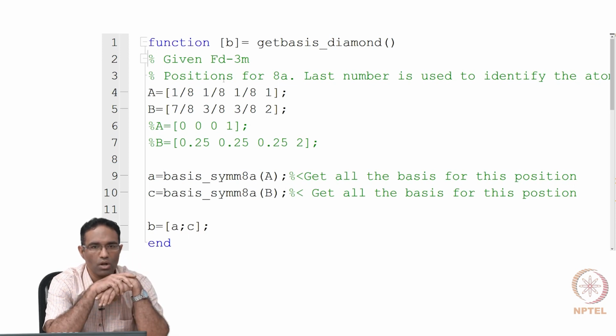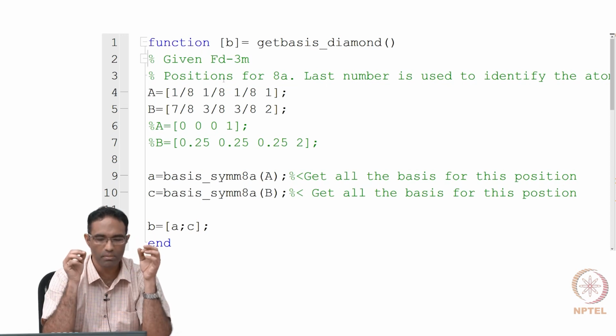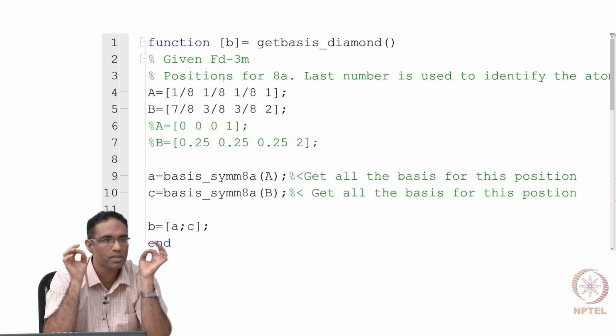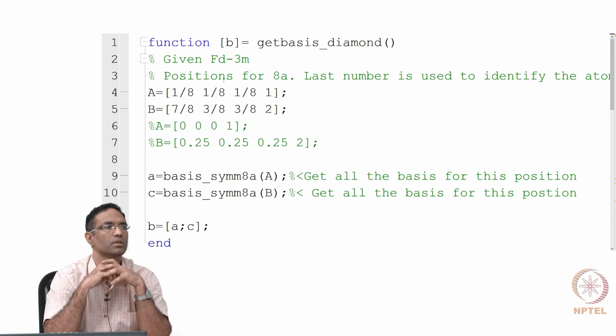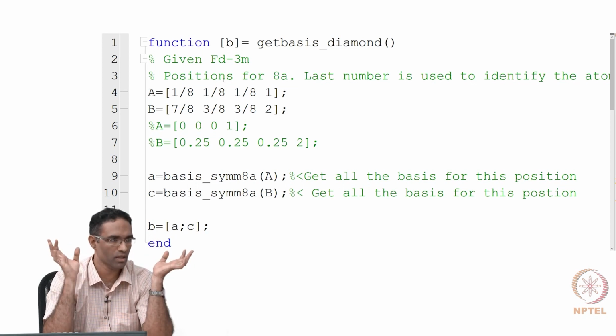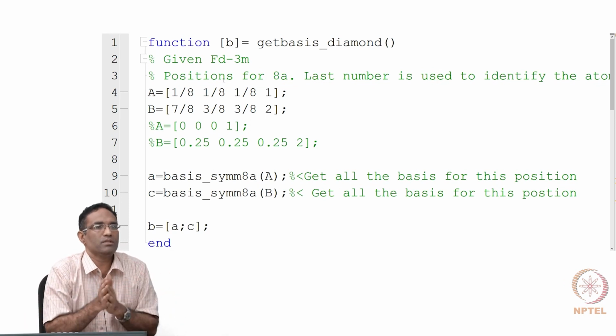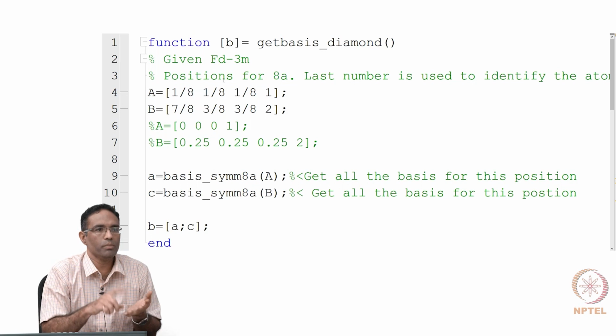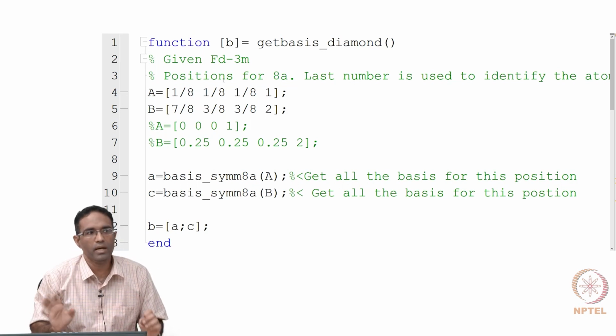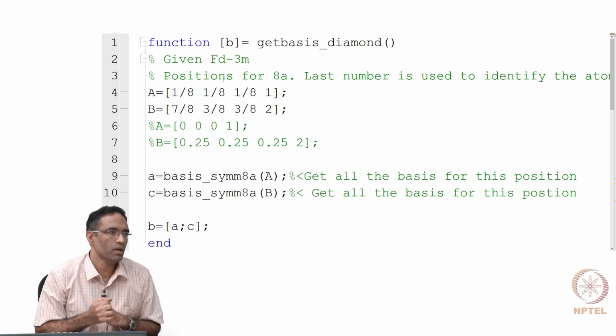The third slot, that is the second slot after the F, basically contains a 3 in FD3 bar M, which means that it is a what unit cell will you use? Cubic unit cell. Okay, so from that it should be clear what your lattice vectors are supposed to be. Supposed to be A equal to B equal to C equal to some particular number, and alpha equal to beta equal to gamma is equal to 90 degrees.